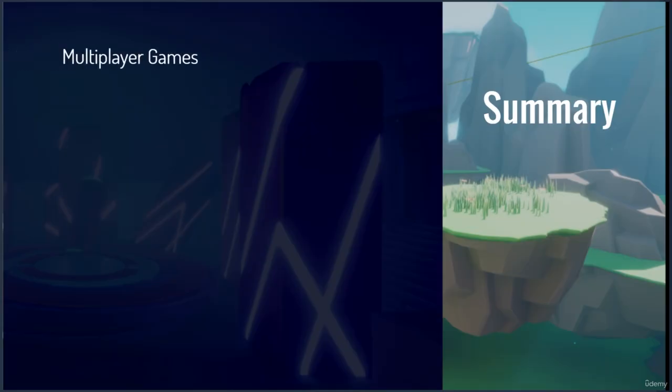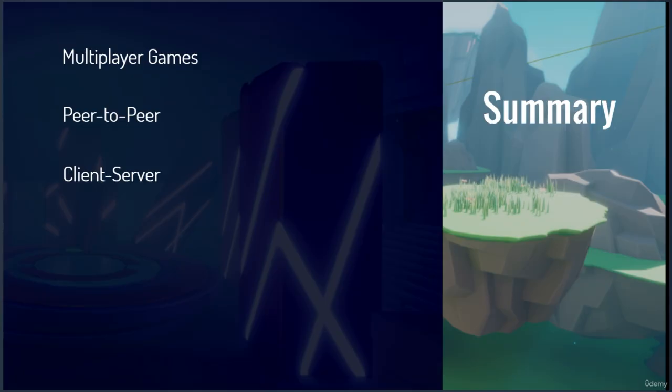So in summary, we learned about multiplayer games and exactly what we mean when we refer to a multiplayer game. We discussed various ways to implement the sharing of information between machines, including the peer-to-peer model and the client-server model.